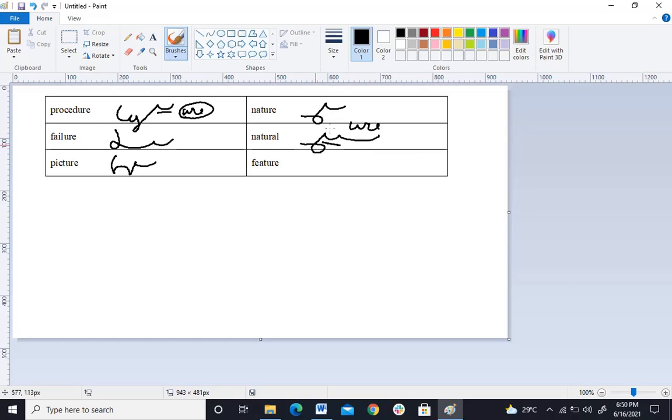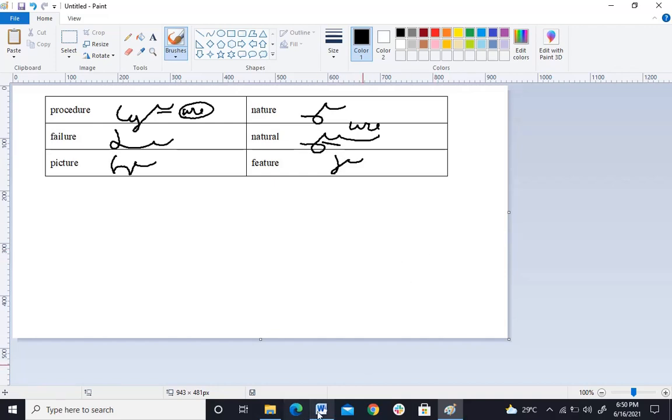Okay, so natural. Next, feature. F-E-T-R, feature. Ulitin natin. We have F, E, T, R. Feature. Okay, so those are our your words.